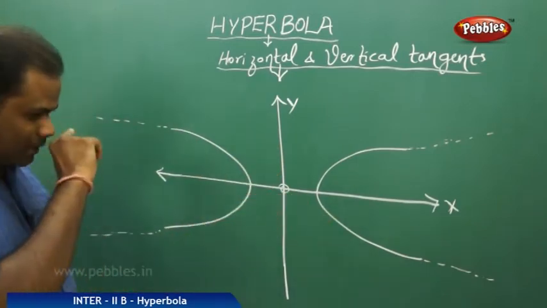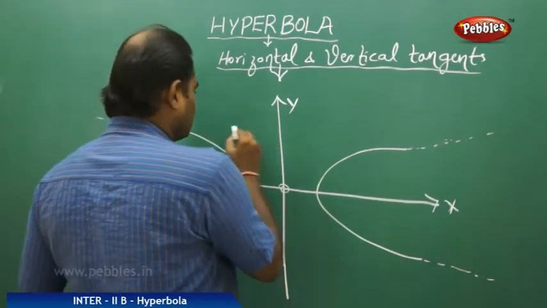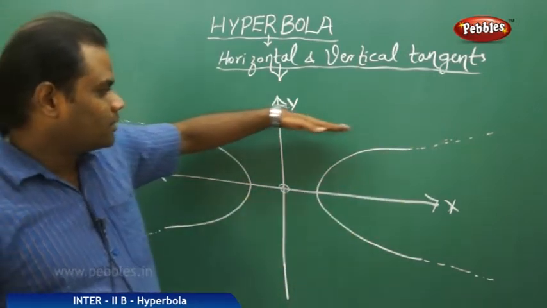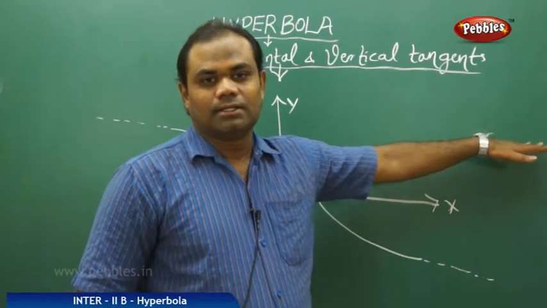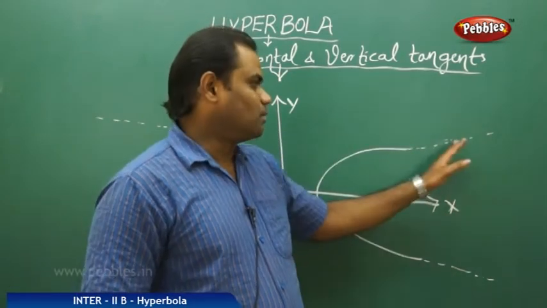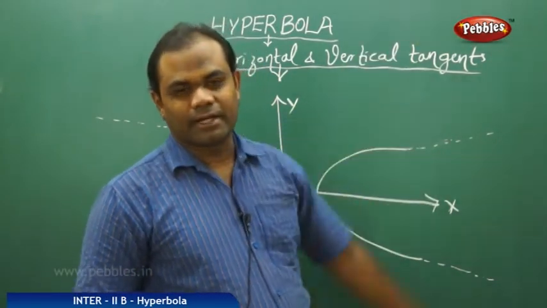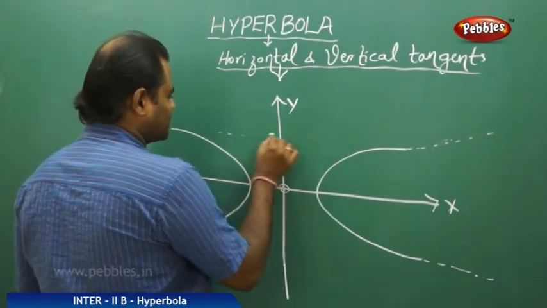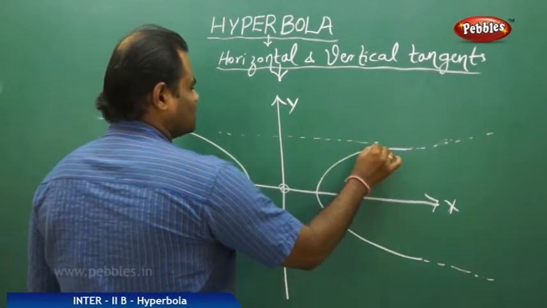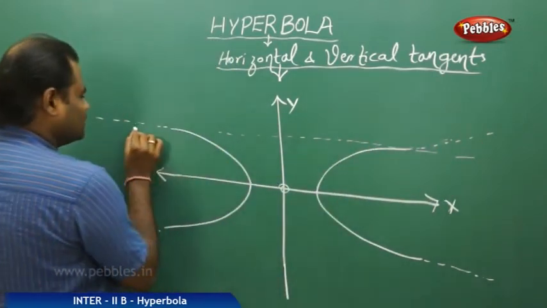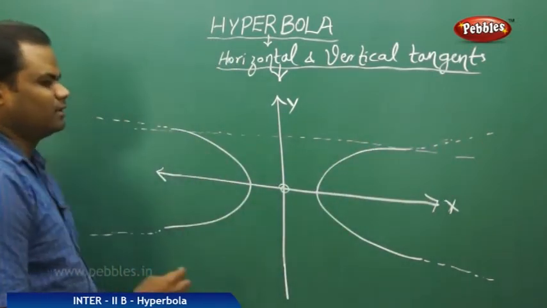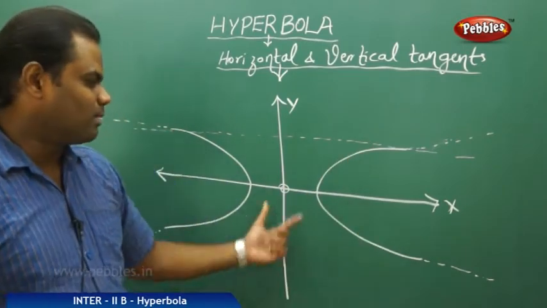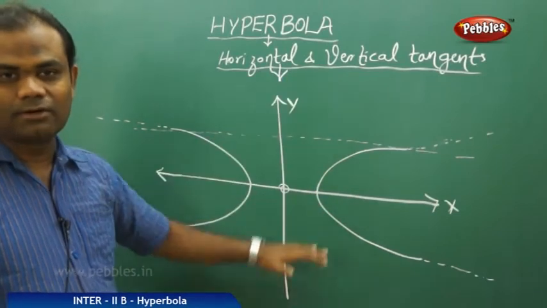So clearly we can see that any line I draw, I don't have a horizontal tangent, because at some point this tangent has to cut the hyperbola, because the hyperbola extends itself on the right side and on the left side. So we cannot get a horizontal tangent which can be drawn out here so that this cuts one of the hyperbola somewhere. So a tangent drawn is not possible horizontally or parallel to the x-axis, either on the upside or downside.